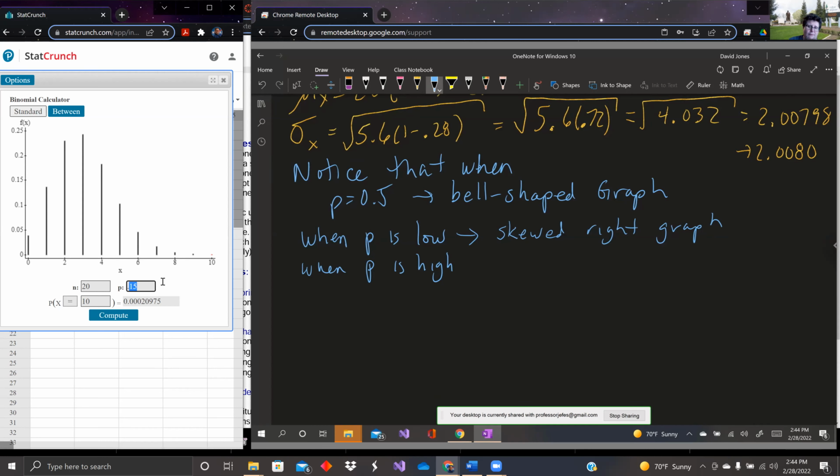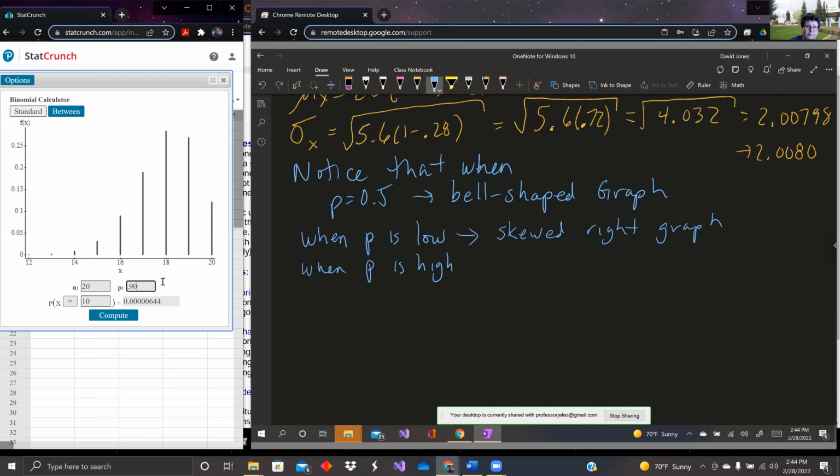Let's take a look at what happened when we put 0.90. The hump is over here on the right, and the data to the left narrows down. And look at the numbers. I think the numbers really help show it. 12 is our lowest here. So like 10 doesn't even show up on the chart.